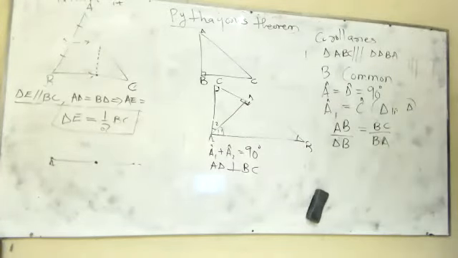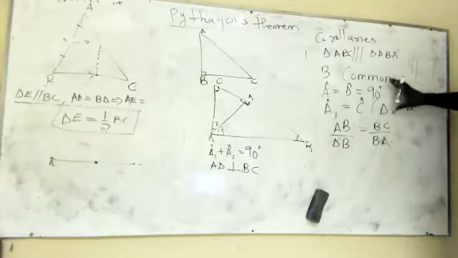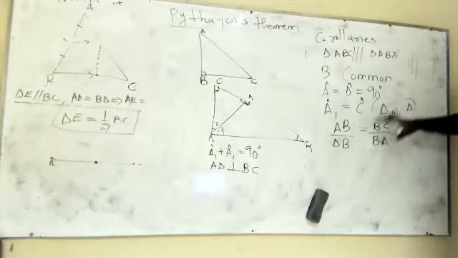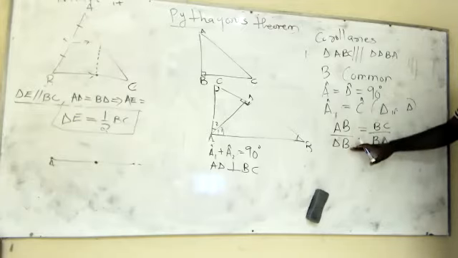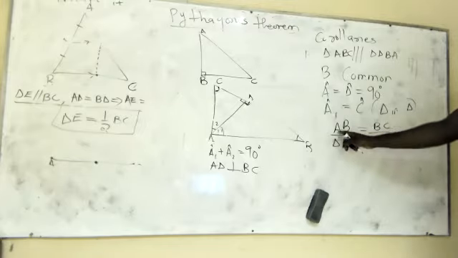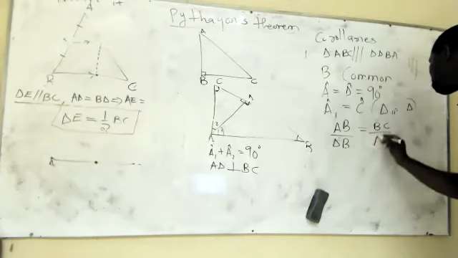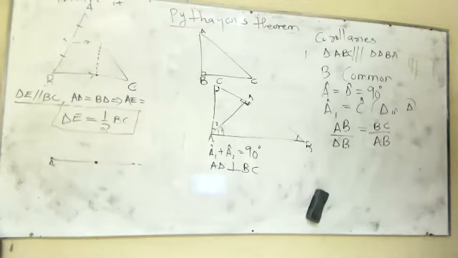All right. Then from there, if two triangles have the same angles, you can now talk about the proportionality of the sides. So AB divided by DB is equal to BC divided by BA. Let me write this as AB to avoid confusion.